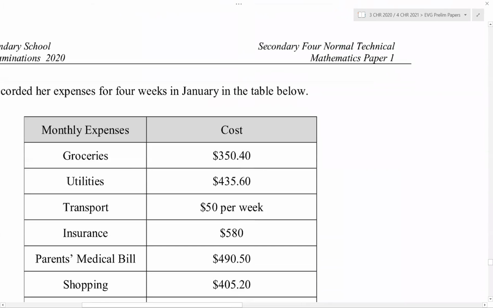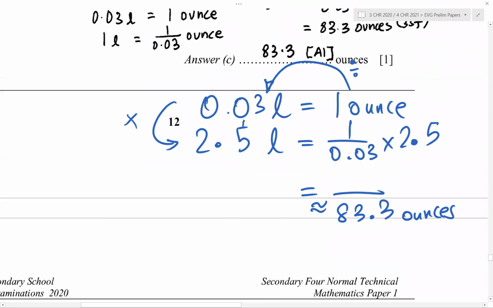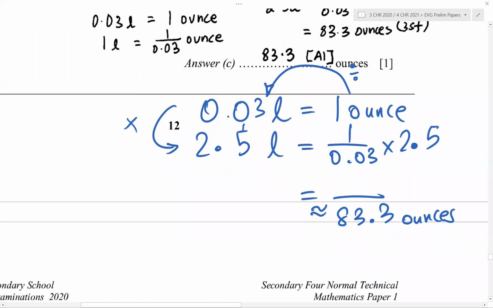Okay, 2 more pages. I'm not controlling it, it's lagging. Okay, moving on.